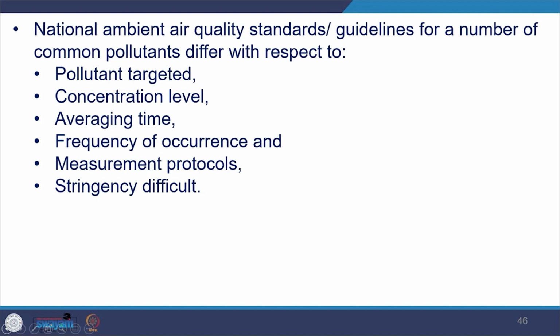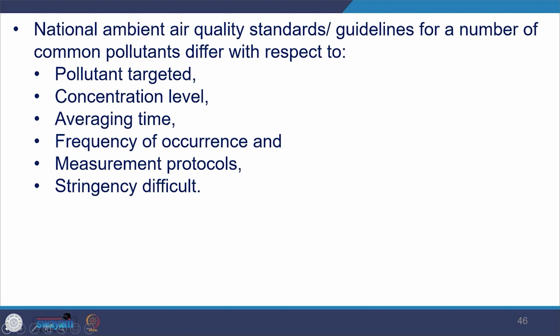Further, to guide their air pollution policies, many countries have developed national ambient air quality standards. So you see the global targets and the local context, and how to handle that. Many countries have developed national ambient air quality standards, or guidelines for a number of common pollutants. These standards would vary across countries.